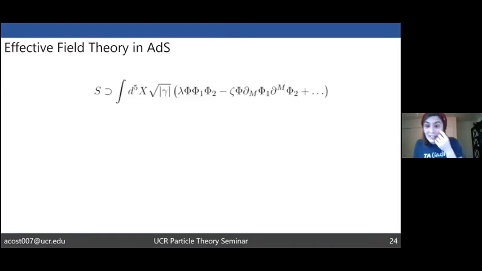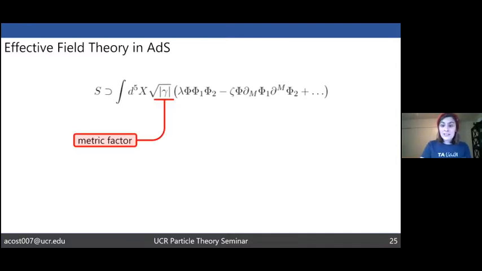So Sylvain and I, in our paper, considered effective field theory in AdS with higher dimension operators and all. Here I've written two 3-point interactions. The first is just a vanilla 3-point interaction, and the other is a higher dimension operator. The first thing that you may notice is the presence of this warp factor in front. These are the factors of kz that we saw in the previous slide. k is the curvature, in case I didn't mention it.